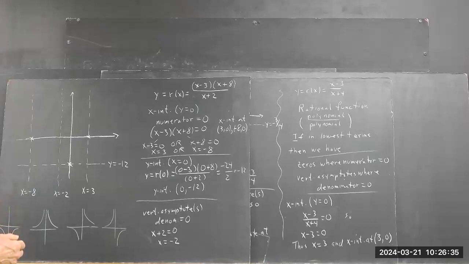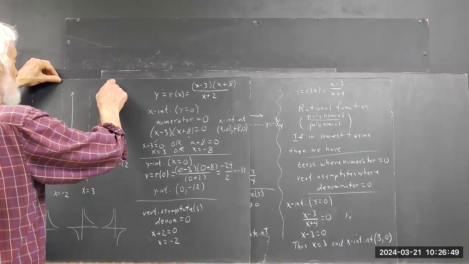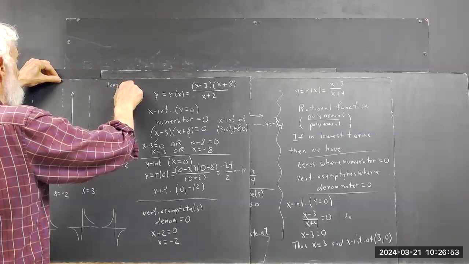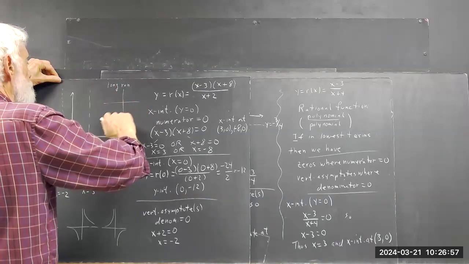Okay, so there's a little more to how this graph appears. The other thing is the long run behavior. And it's going to turn out, without getting into the rule yet for the long run behavior, that the long run behavior is going to pretty much be like this.